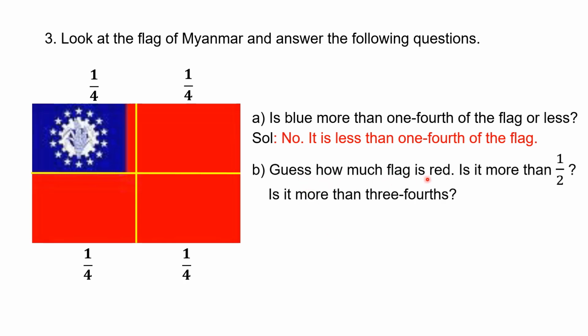Guess how much of the flag is red? Is it more than 1/2 or is it more than 3/4? Now look at this. These 3 parts are colored in red and this part is also colored in red. So it is clear from the picture. The red color is more than 3/4.